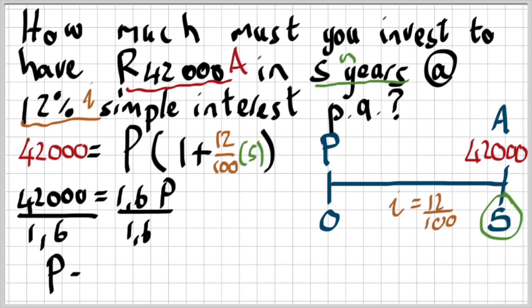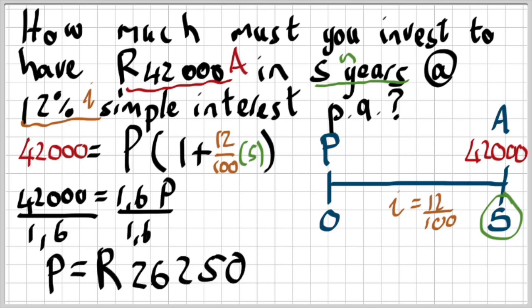And this gives me then a value for P of 26,250 Rand. Ladies and gentlemen, this is why we love the formula. But it's always good to actually understand the formula, to draw a timeline for yourself, and then answer the question by using normal, straightforward mathematics.